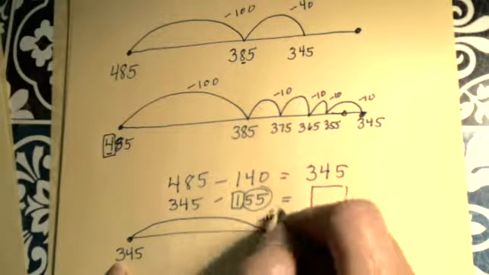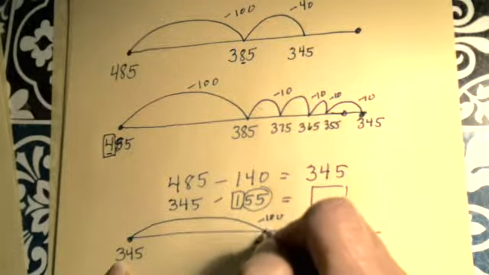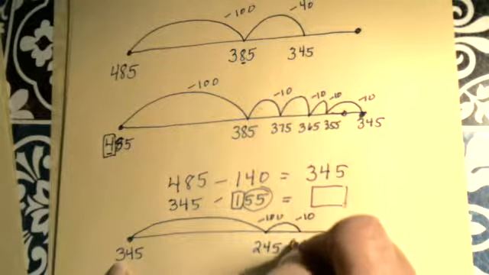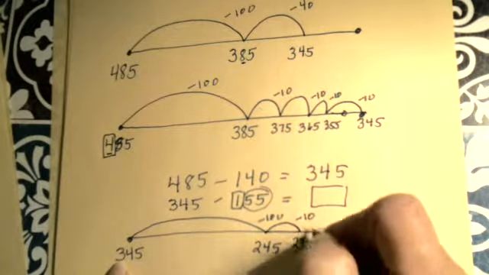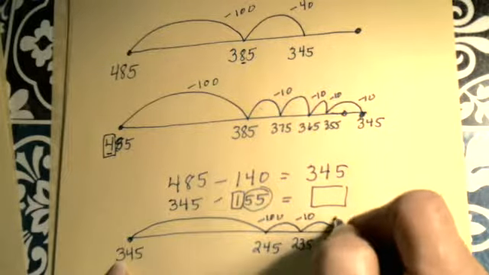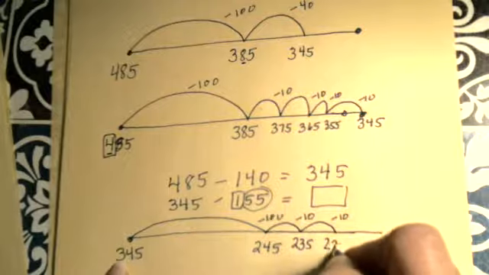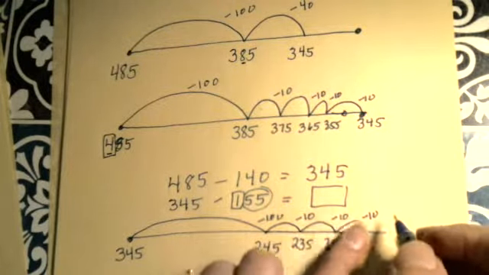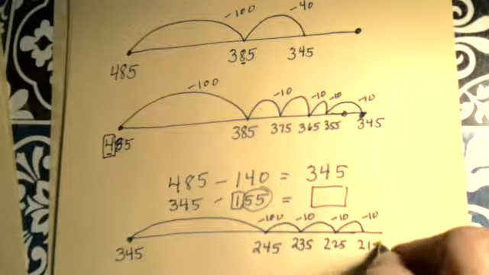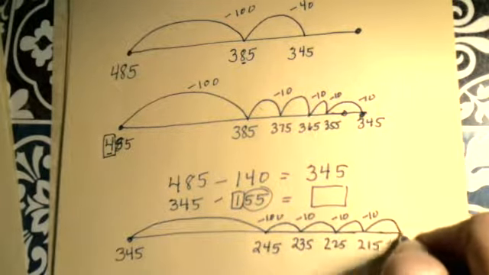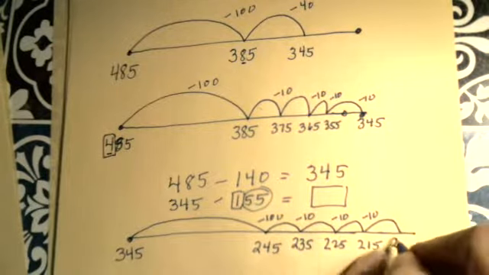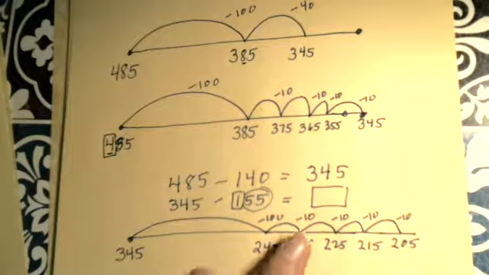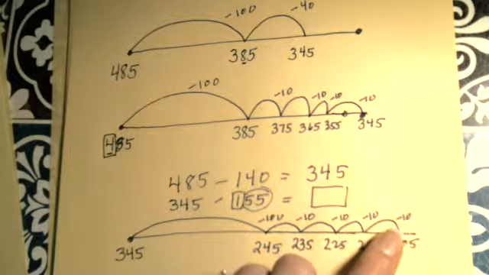So let's do this. Let's take the 50 away first. So we'll go minus 10 is 235. Minus another 10 is 225. Minus another 10, so that's 10, 20, 30, is 215. Minus another 10 is 205. So that's 10, 20, 30, 40.